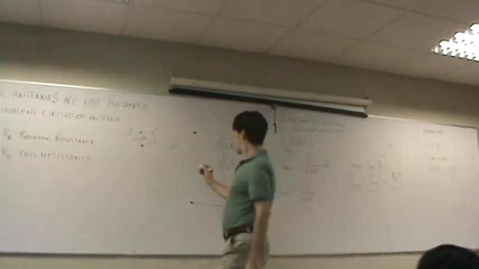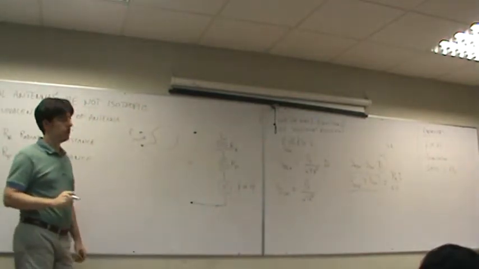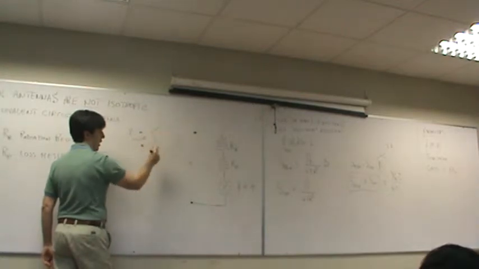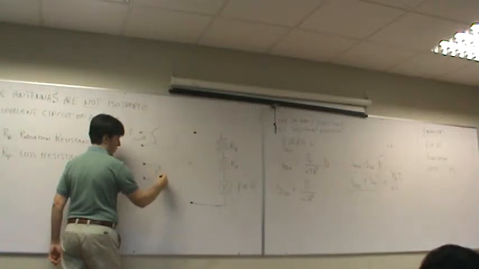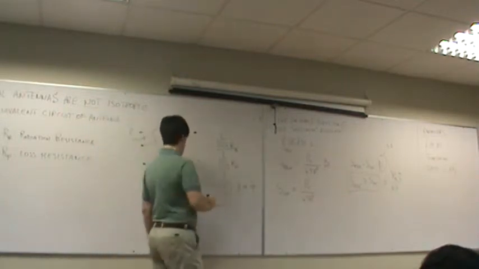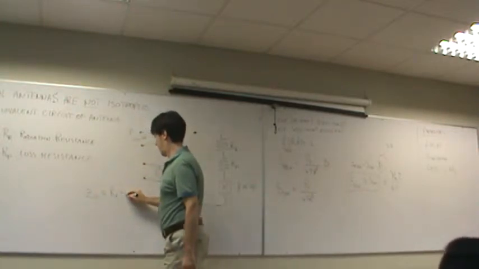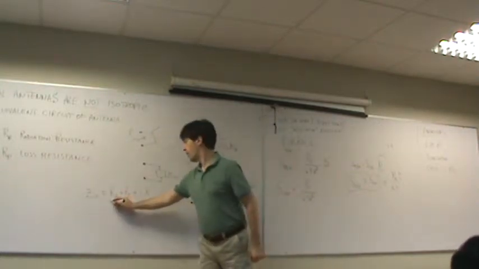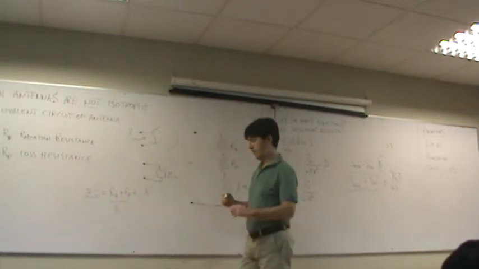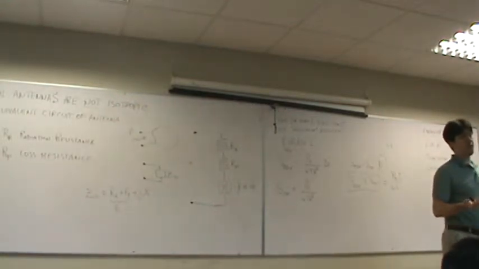Okay, so from the generator point of view, this antenna is equivalent to a complex load, where this is the total resistance of the antenna. This parameter is what you call the impedance of the antenna.